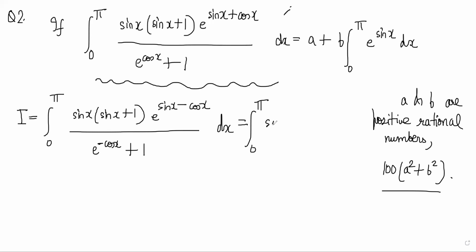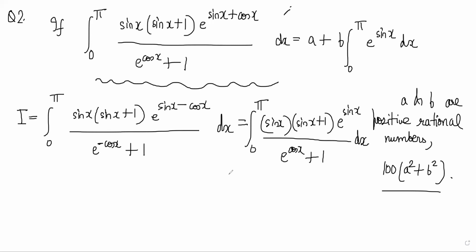This will look like this, right? Sin x plus 1, e power sin x, divided by 1 plus e power cos x. Okay, great. So now it looks very much like the first one, and you have a different version of the first integral, just that this is e power sin x.